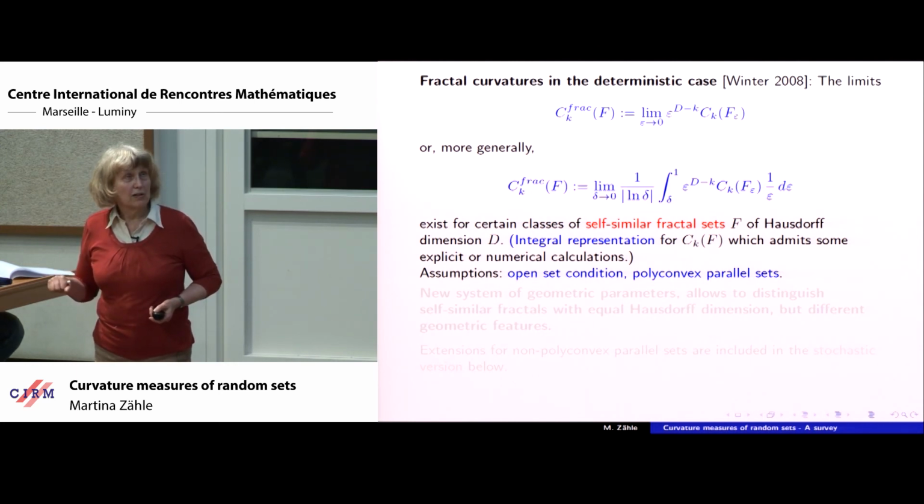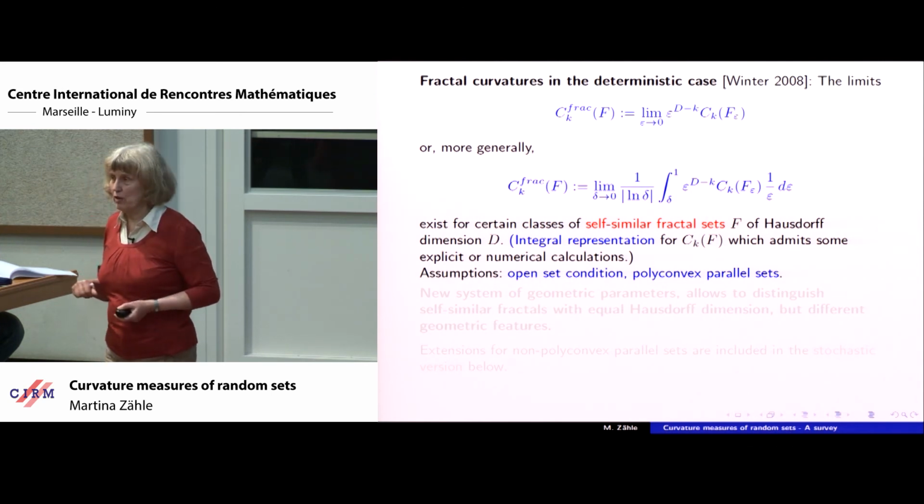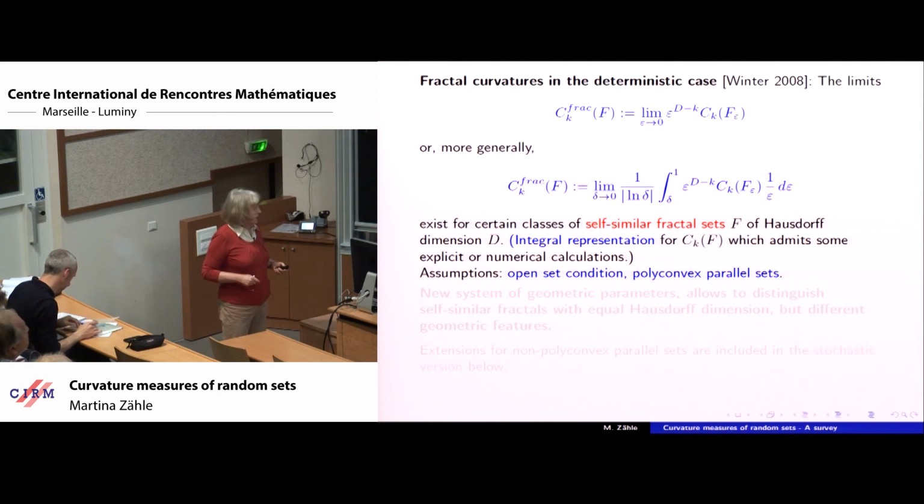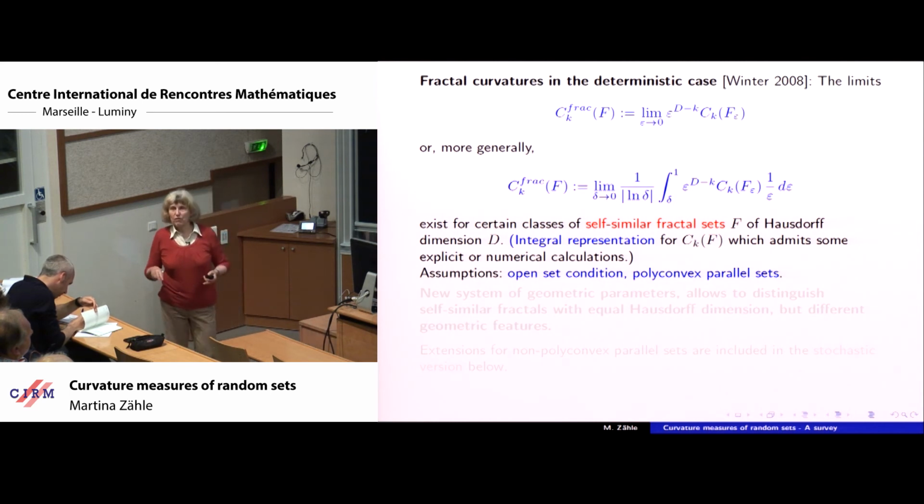Or, under more general conditions, you should take the average limit. You take averaging with respect to epsilon, with respect to a Dirac type measure, which is presented here. Yeah? And he considered these things under the so-called open set condition, and under the condition that the parallel sets are polyconvex. These things were developed at that part in the polyconvex setting, but it turned out one can consider also non-convex, non-polyconvex parallel sets.